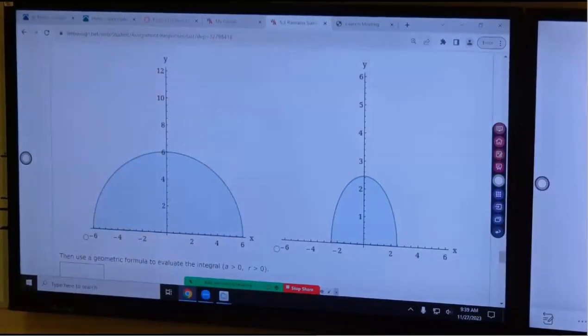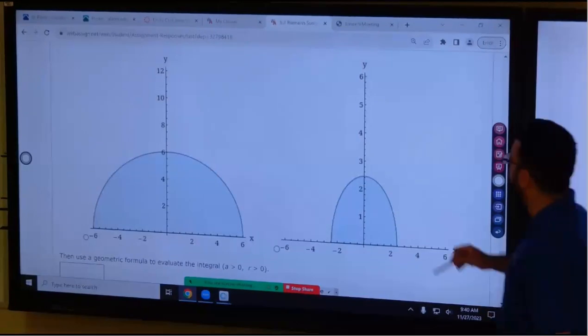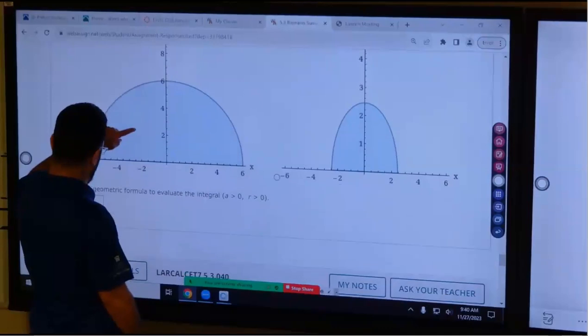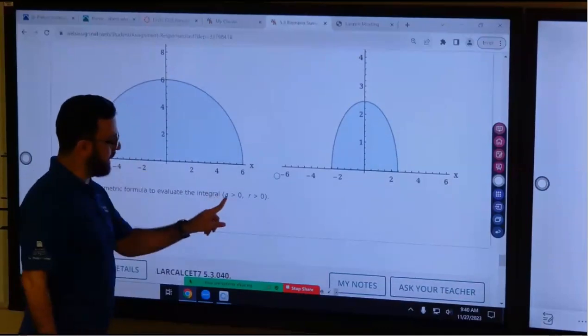Now, what about how we're going to find the area when we have a circle? The area is pi r squared, because they ask you to find a formula and they're telling you A is greater than 0.